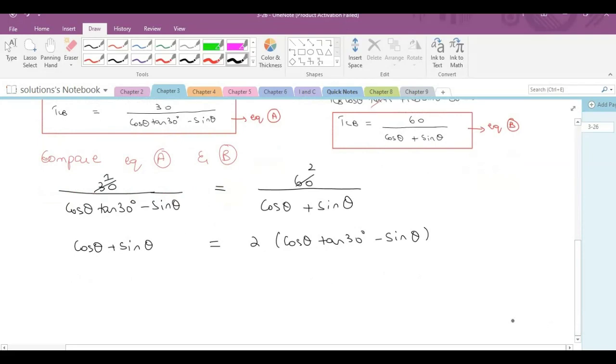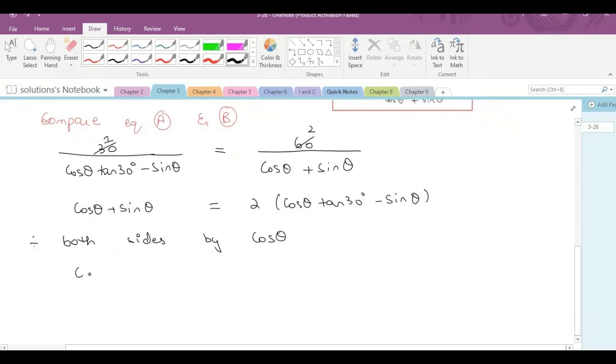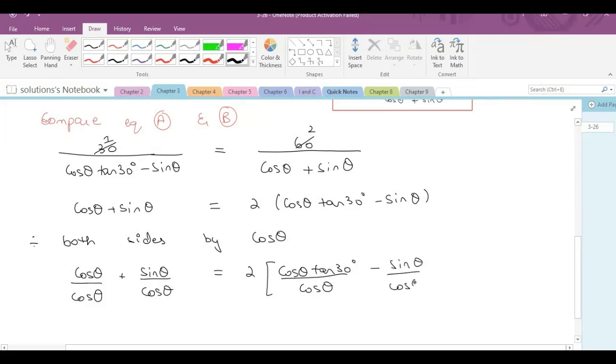Now I can do one more thing. I can divide both sides by cos theta. It would become cos theta over cos theta plus sin theta over cos theta is equals to 2, and in the bracket we have cos theta into tan 30 over cos theta minus sin theta over cos theta.